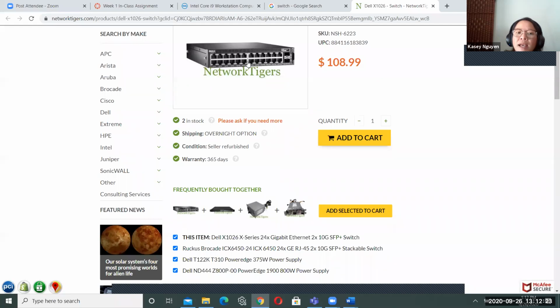Now you would see that sometimes they use USB, sometimes they use a serial cable like Cisco appliances, so that you can log into that switch, access its operating system or software to configure it, okay? And then you would have a connection to other appliances and or a router.